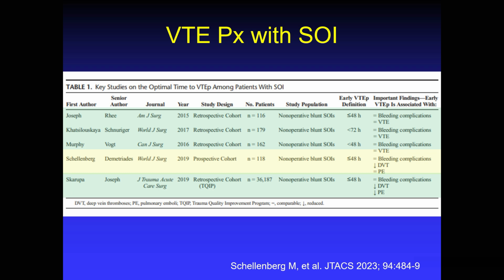Additionally problematic is non-uniformity in the utilization of angioembolization in these series of studies, and whether performance of angioembolization represents a bleeding complication associated with early VTE chemical prophylaxis or not. That's not been looked at consistently. A prospective multi-center AAST trial is currently accruing patients and should enhance our knowledge on this subset of trauma patients.